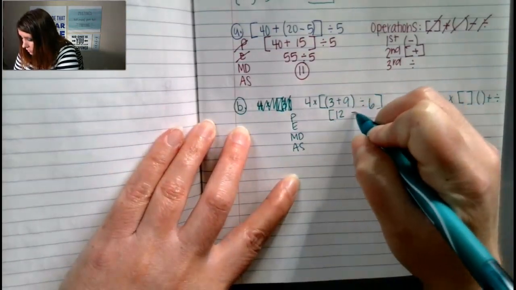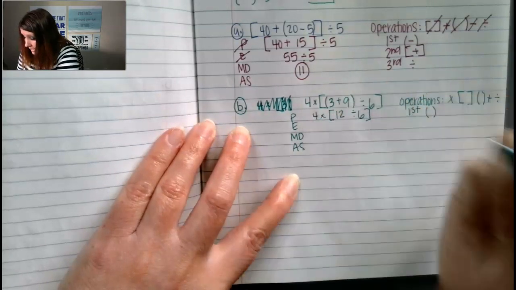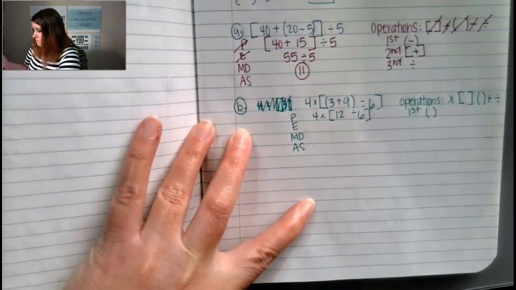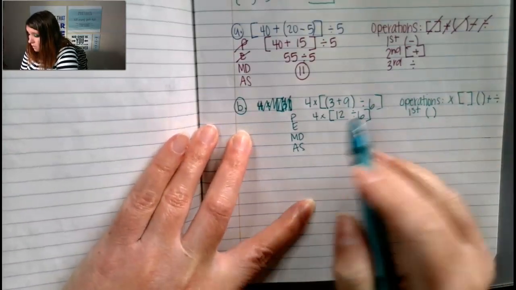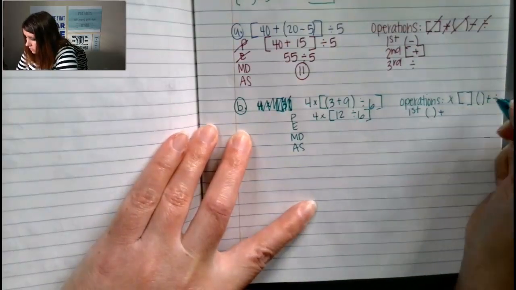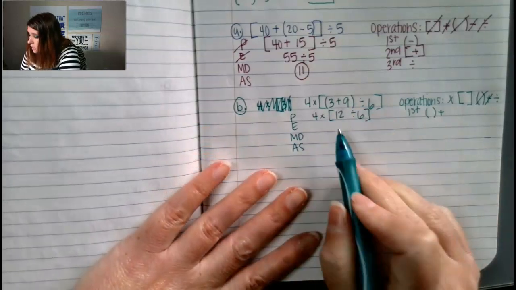Again, I'm going to drop down the rest of this problem, because if I don't drop it down, then I can't solve it. I also eliminated addition when I was in these parentheses, so my adding symbol is gone.